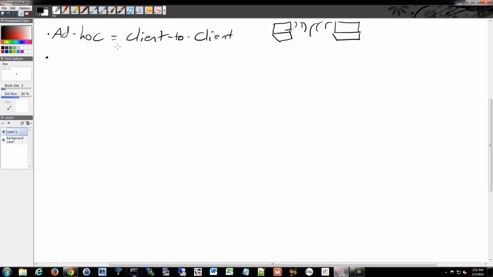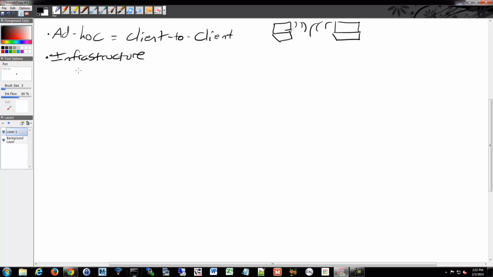For the infrastructure side of configuration, there are two different types of infrastructure modes. Within the configuration interfaces for devices, you'll see it referred to as infrastructure mode most often.